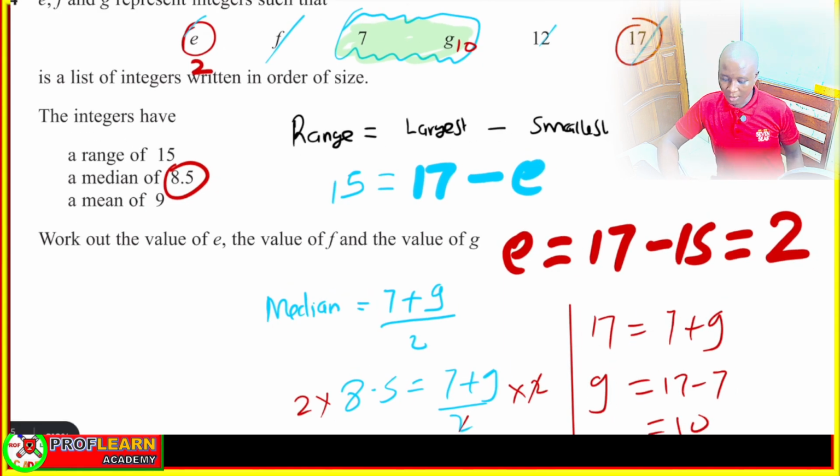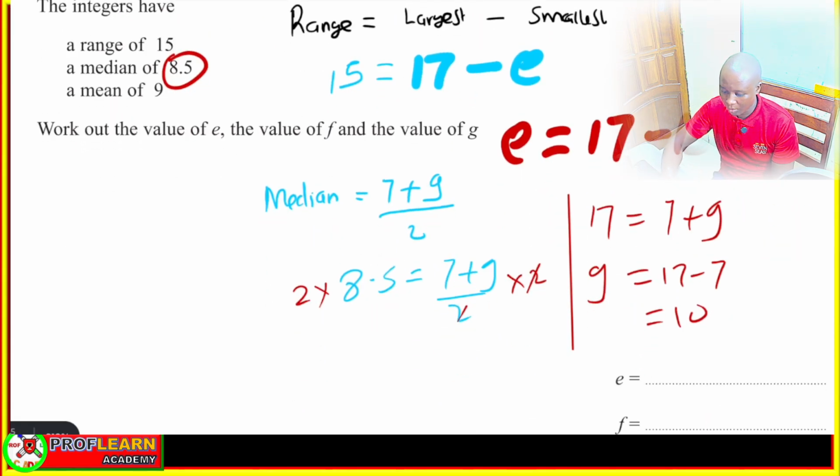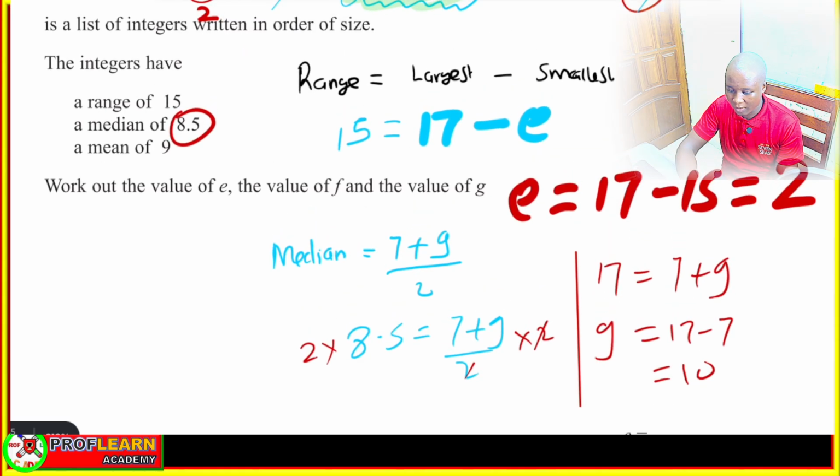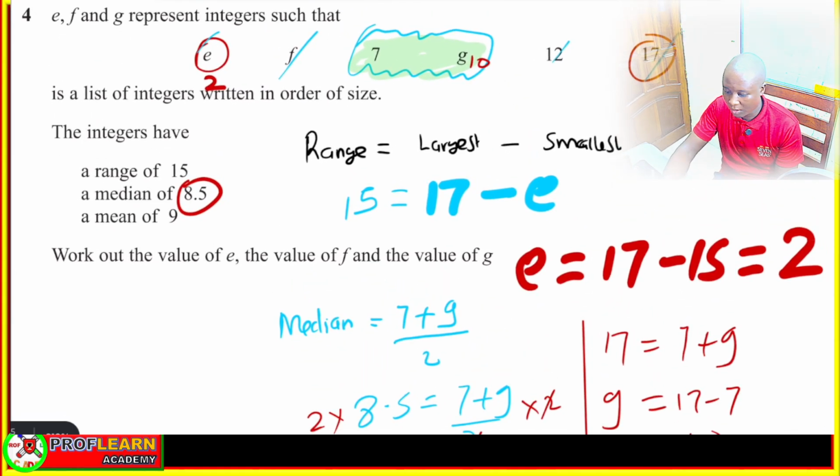And we are told that the mean is 9. You need to remember that to work out the mean, you add all the values that we are having here. We say mean is equal to the sum of all the numbers.